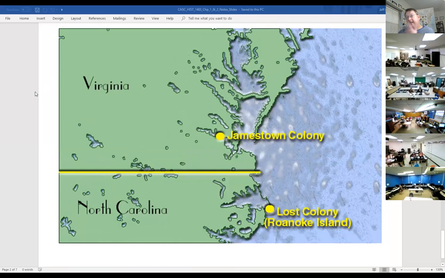And again, you can see that this colony is a few miles north of the Lost Colony. And Jamestown, founded in 1607. So it would be the oldest English town still in existence today.